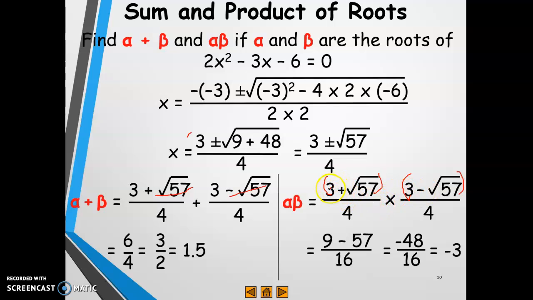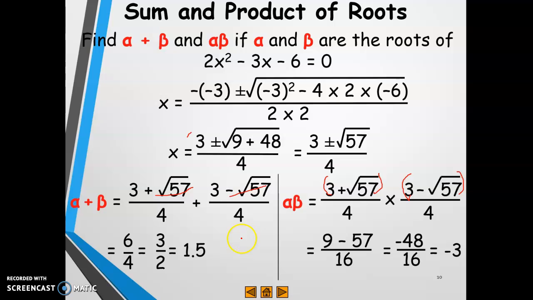So the square of 3 is 9, and the square of the square root of 57 is just 57. So it is 9 minus 57 over 16, which is negative 48 over 16, that's negative 3. Okay, so this is your product.